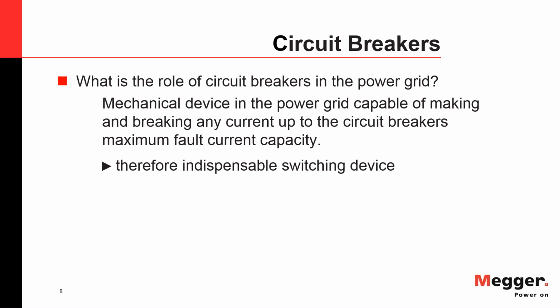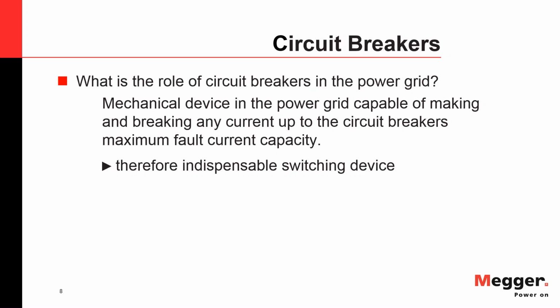It's indispensable. To illustrate this, there are a lot of other switching devices in the grid: fuse disconnects and earth switches and whatnot. You could theoretically replace all of these with circuit breakers.